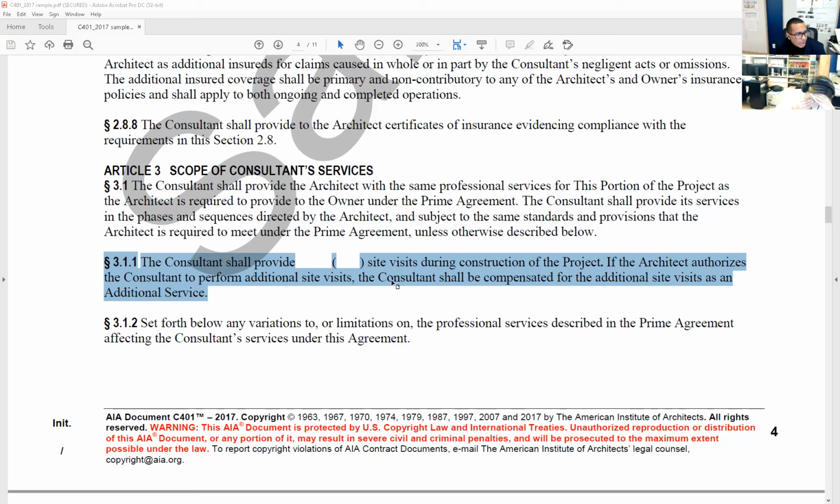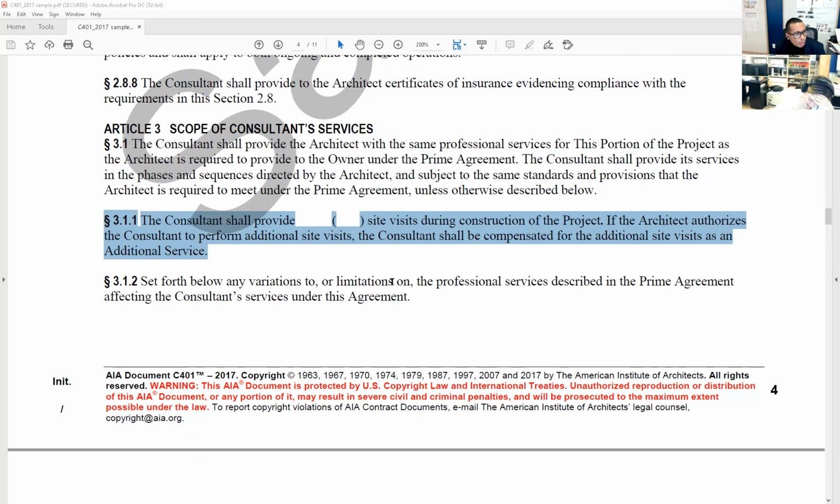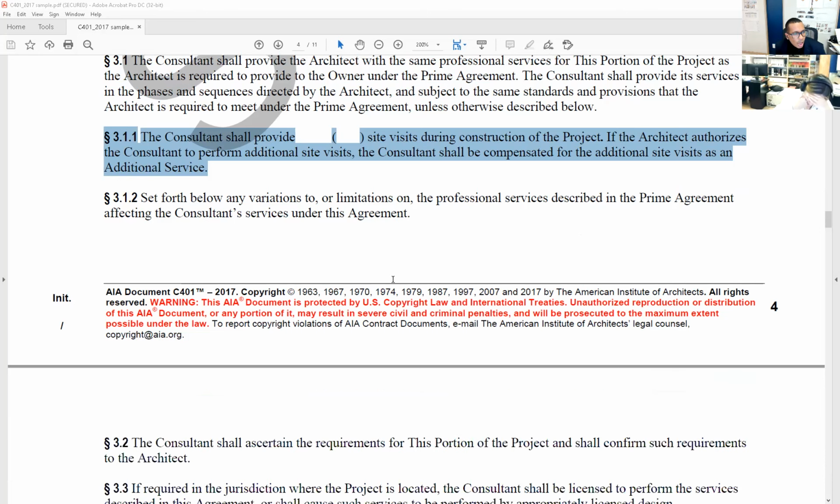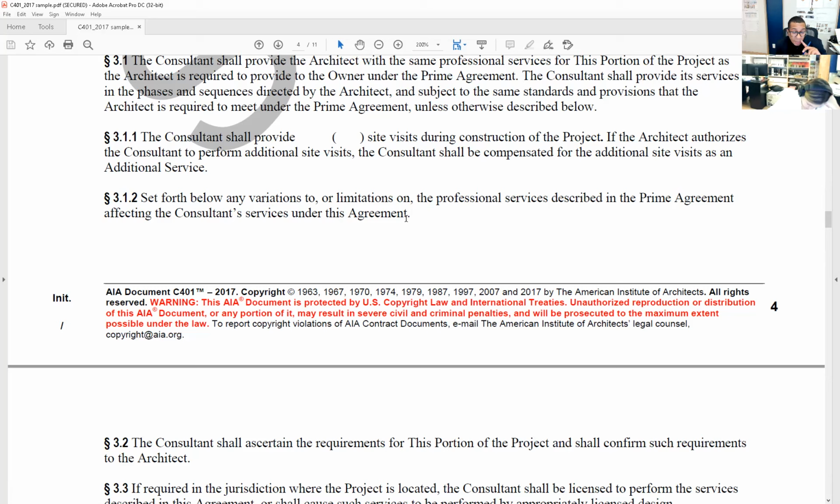Okay. And then we have section 3.1.2. Set forth below any variations to or limitations on the professional services described in the prime agreement affecting the consultant services under this agreement. So here you're just going to write like, well, you know what? I'm only going to do, let's say it's a mechanical engineer, I'm only going to be doing the heating design, supplies, and I'm not doing the returns or whatever it may be.